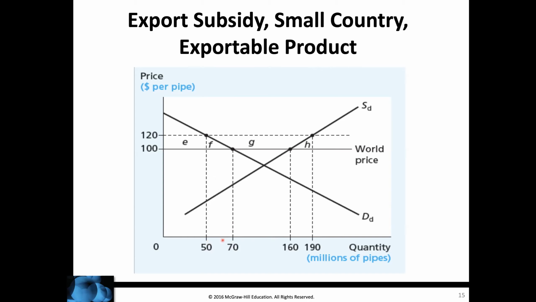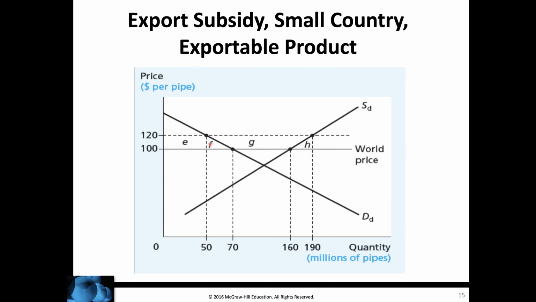So domestic producers gain in this. They're the winners. They gain surplus areas equal to E, F, and G. This is what the producers gain, E, F, and G. The cost to consumers, they lose area E and F. So consumers used to gain this, and now this is going to the producers.